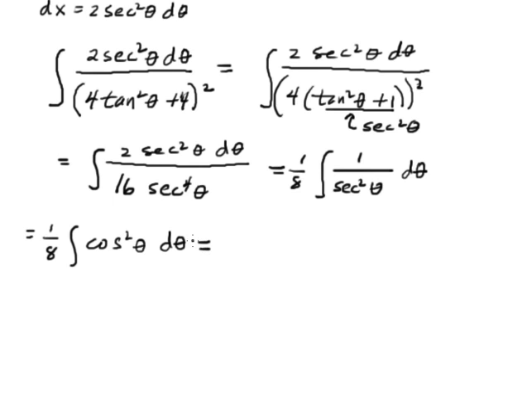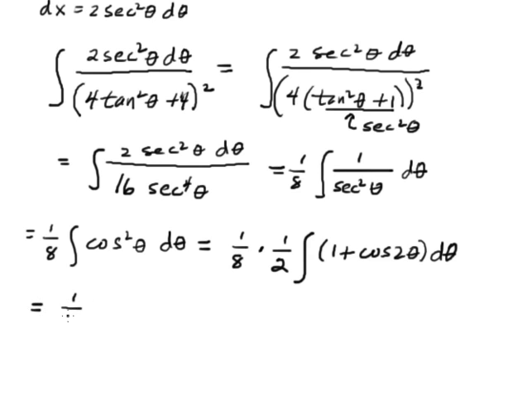And we saw in the previous problem how we integrate cosine squared theta. We said cosine squared theta is 1/2 (1 plus cos 2 theta). All right, so we're going to use that substitution again, and we'll integrate like we did before.